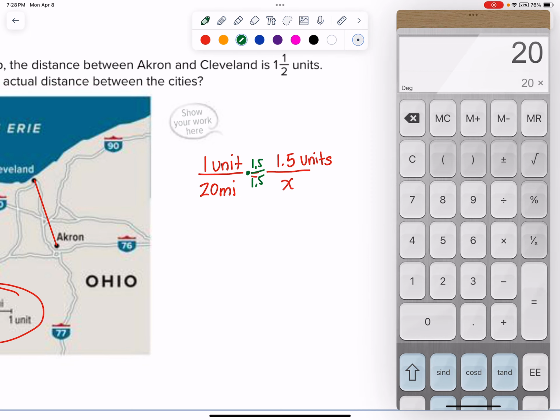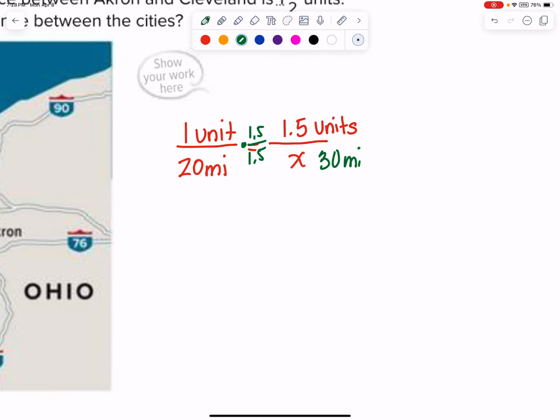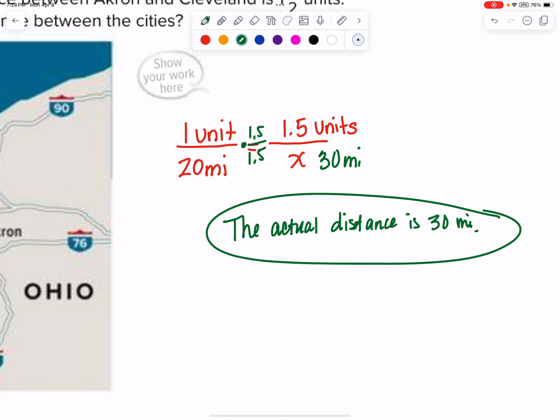So 20 times 1.5 gets us 30 miles. Okay, so what is the actual distance between the cities? Now we have to actually write the actual distance is 30 miles. And there we go with our official answer.